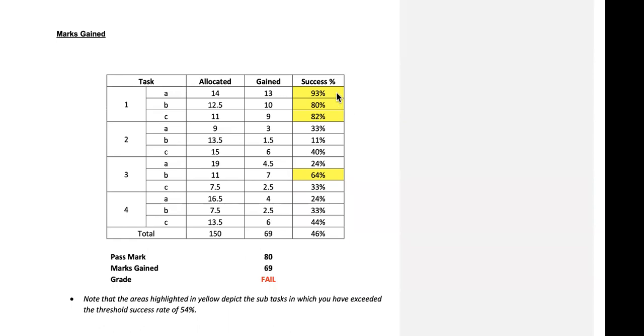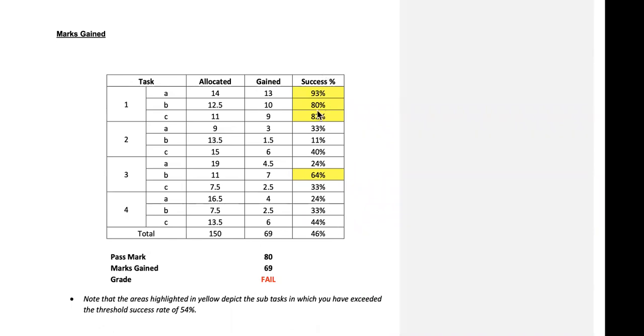You look at the success rates, 93%, 80%, and 82%. However, when you look at the other subtasks, the success rates are extremely low. The only success rate which is above 54% is for task 3, subtask 3B. Other than that, in all the other areas, this student has not done too well.